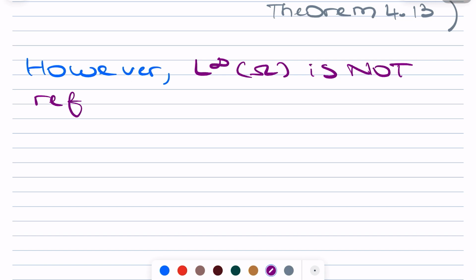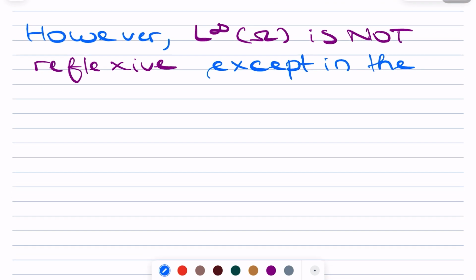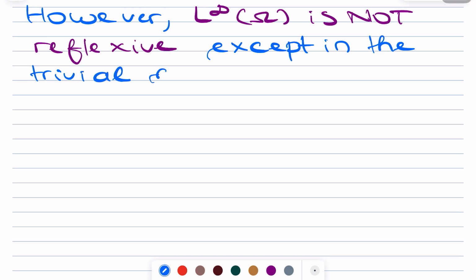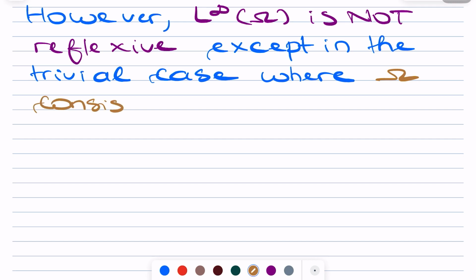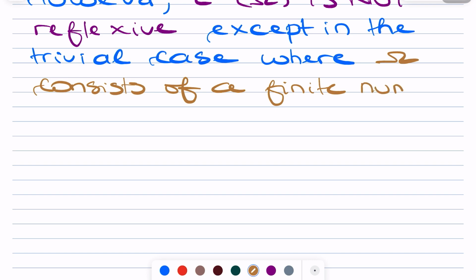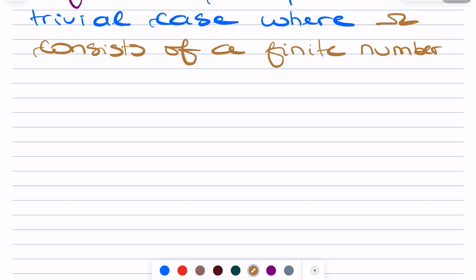However, L infinity of omega is not reflexive, except in the trivial case where omega consists of a finite number of atoms.